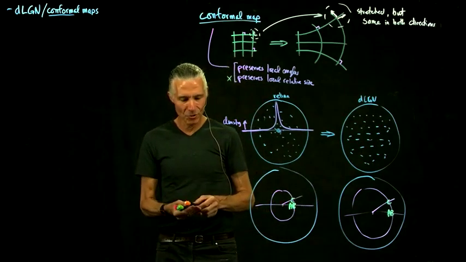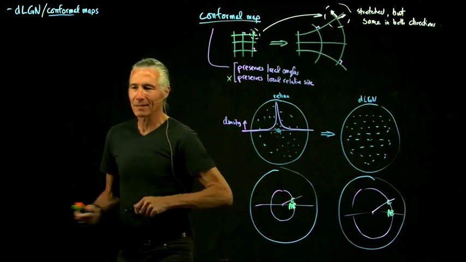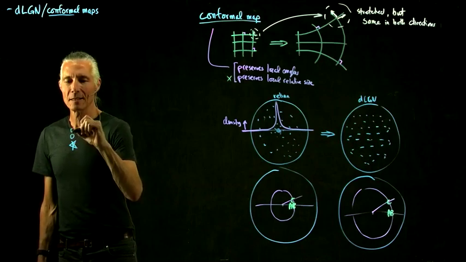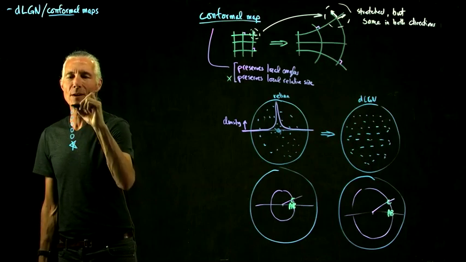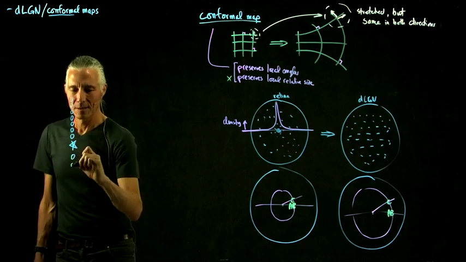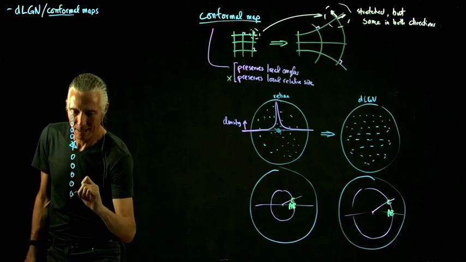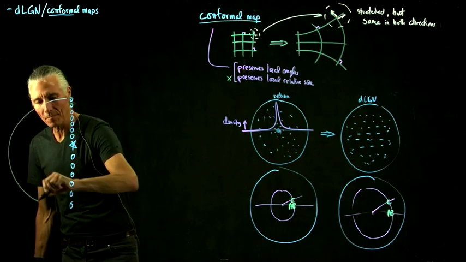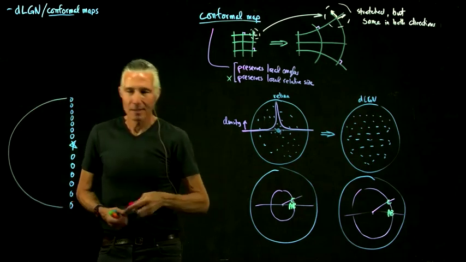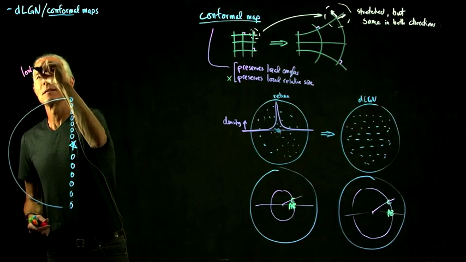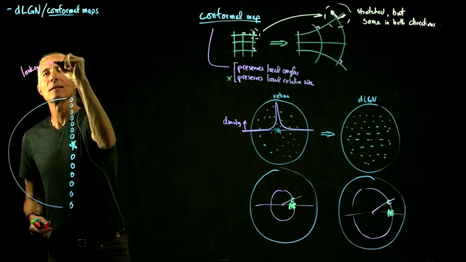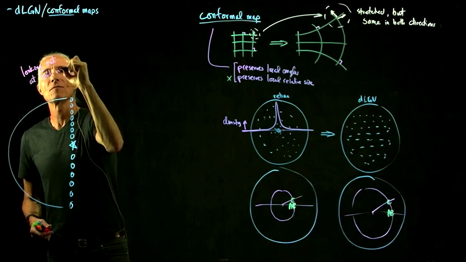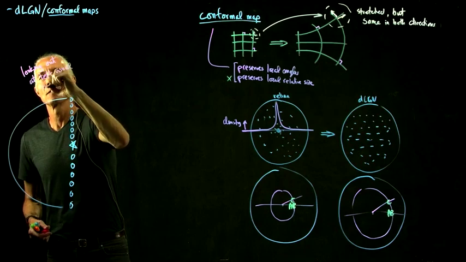So if we cut it in two, then we've got a simpler setup. And I'm going to just use these little symbols to indicate where we are in the visual field. So here what we're looking at is the visual field. So this guy is looking out at the left visual field, so the left half of the visual field.